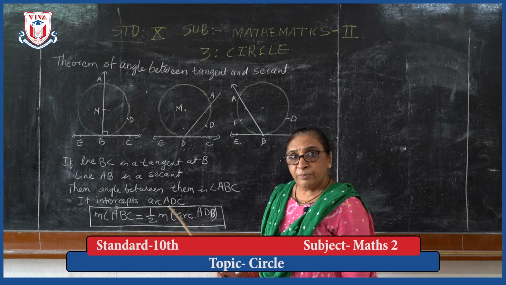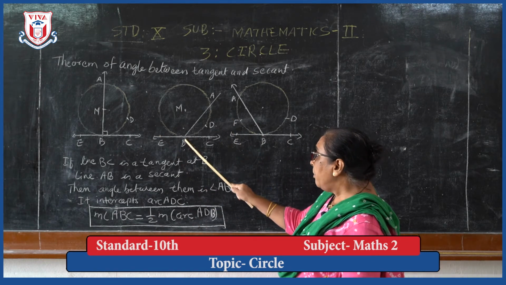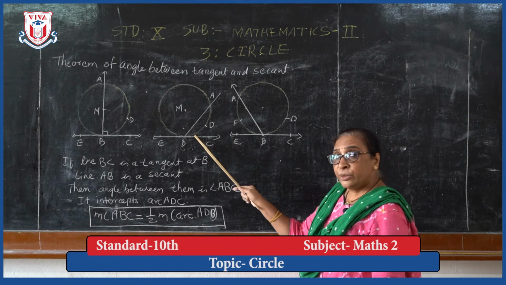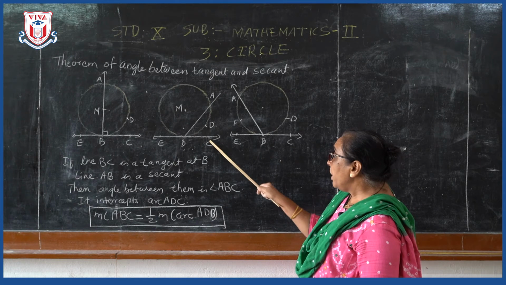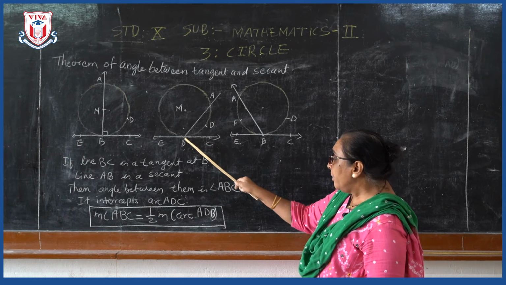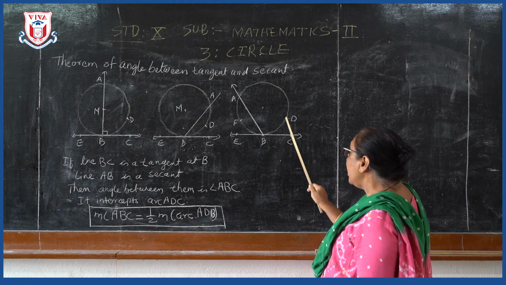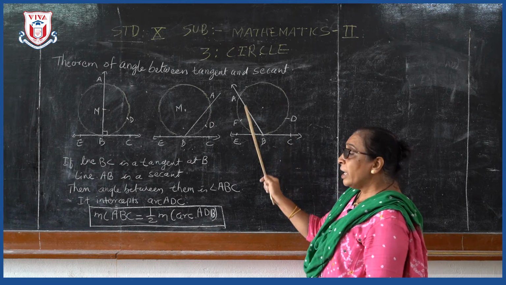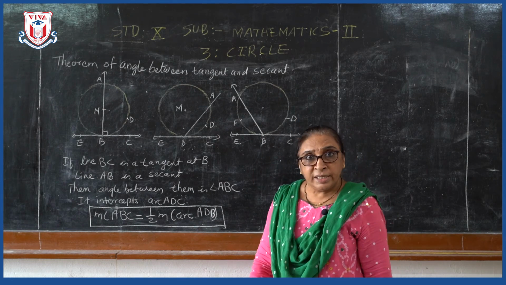So you have to just remember the property that angle ABC, even if it is acute, the angle formed by tangent and secant, is half the measure of arc ADB, and here also angle ABC is half the measure of arc ADB. That is the theorem of the angle between tangent and secant.